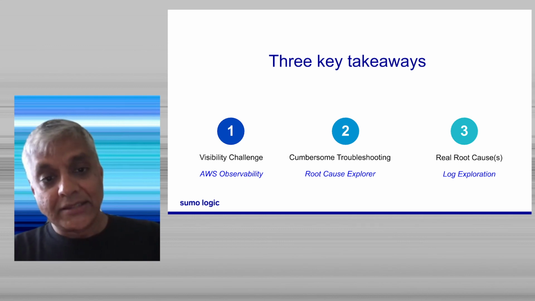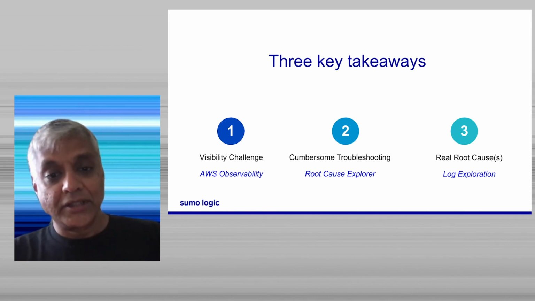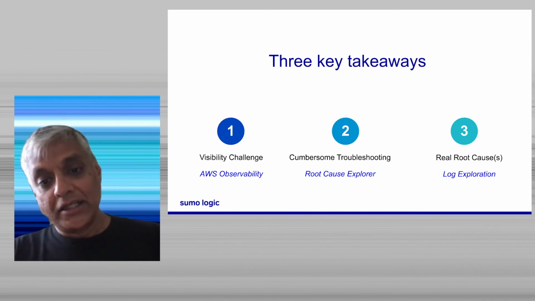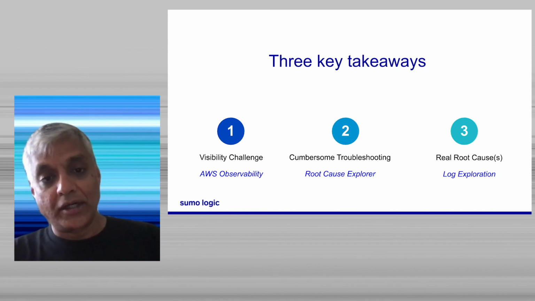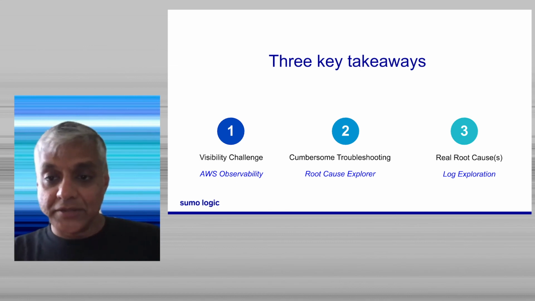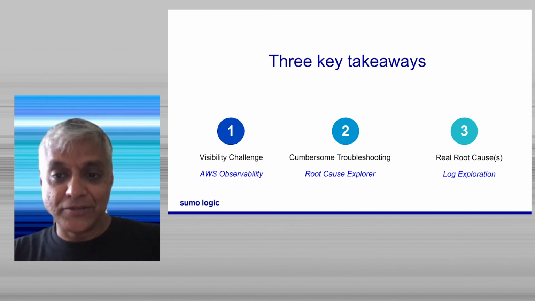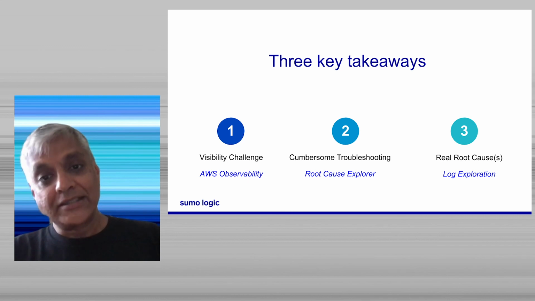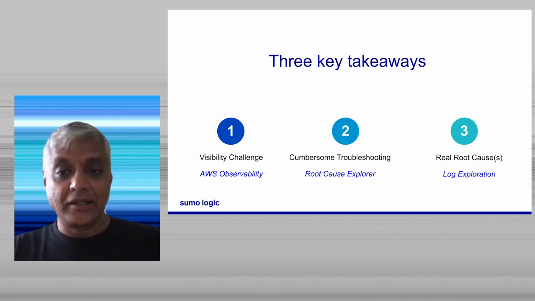The second thing is, given the complexity of a distributed application infrastructure, troubleshooting is cumbersome, and you saw how Root Cause Explorer can accelerate the first level and second level troubleshooting for customers. And last but not least, logs are still your friend in terms of deep analytics, in terms of where the real root causes might lie, especially to look for things that you can actually fix so that problems do not repeat again.